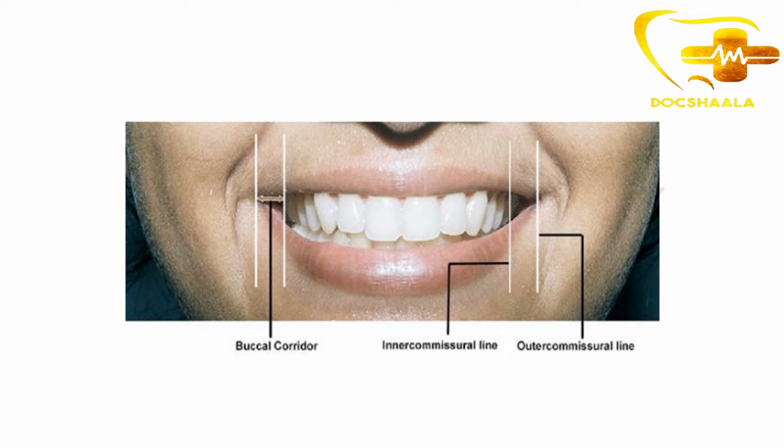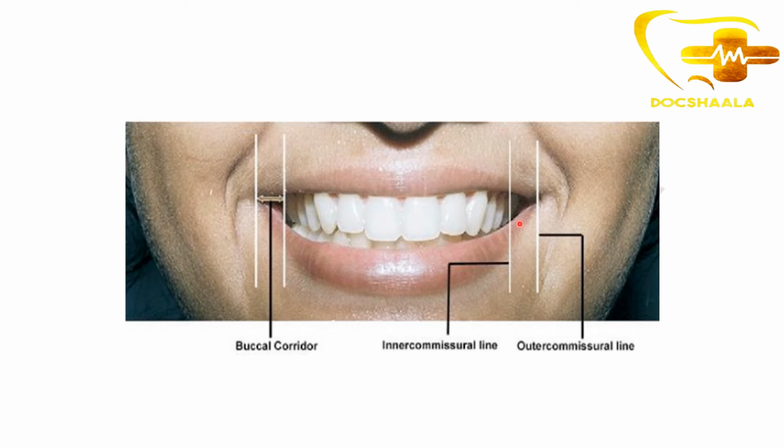So as you can see in the image, this is the corner of the lip. These are the facial surfaces of the posterior teeth, right? So this is the space that we can see, the negative space or the black space. This is what is called the buccal corridor. This is the inner commissural line and this is the outer commissural line that we consider while measuring the space.